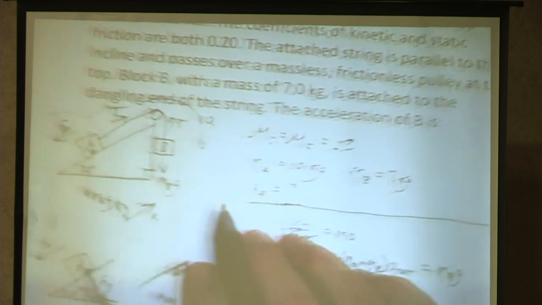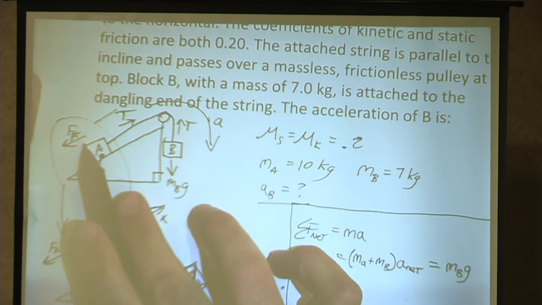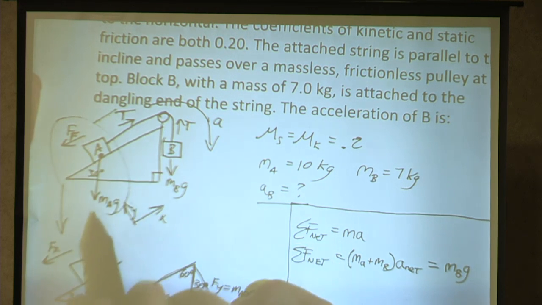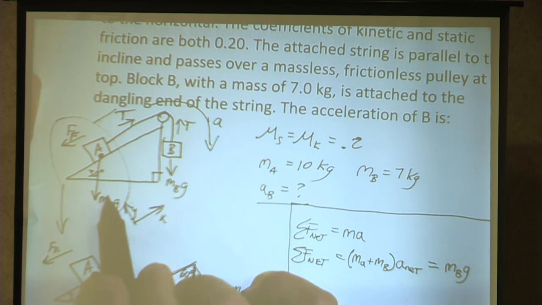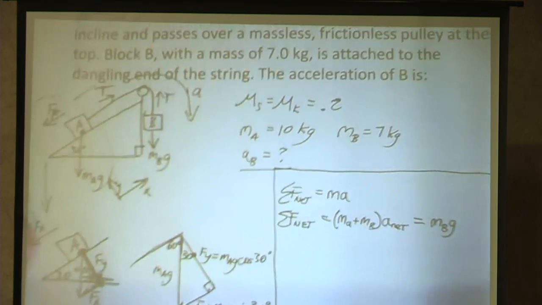The only other real two forces impacting this are friction, which is opposing that movement, and the gravity of block A making the block slide down. So the rest are going to be negative.